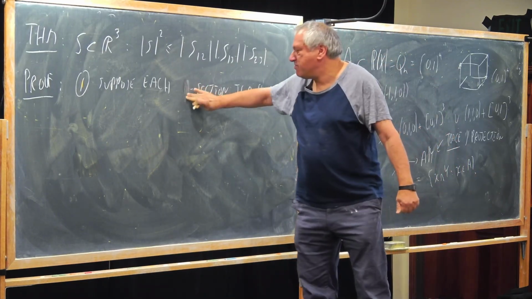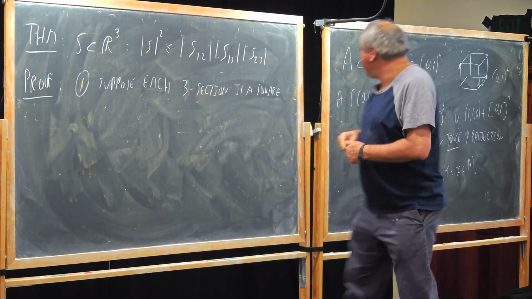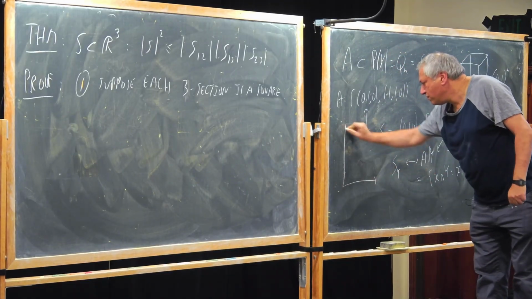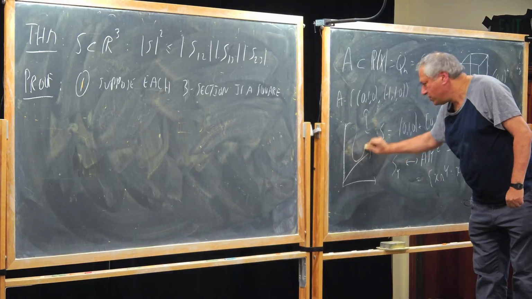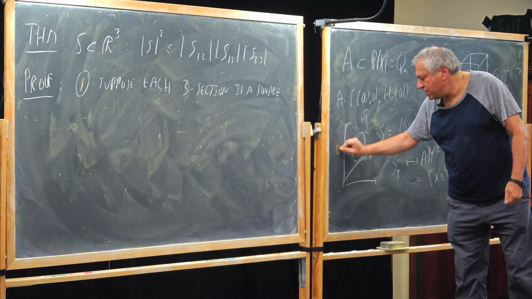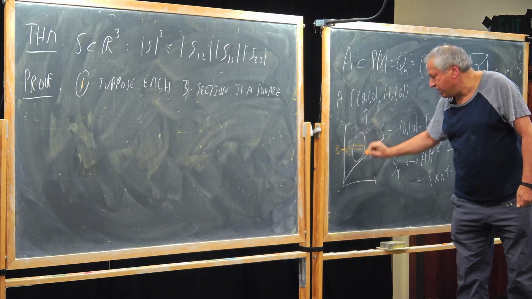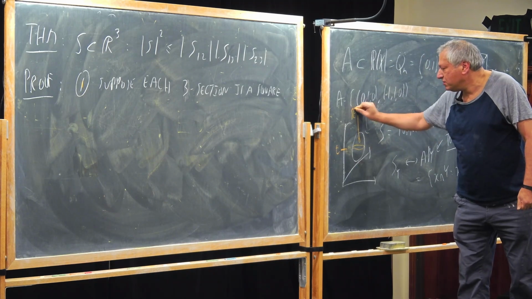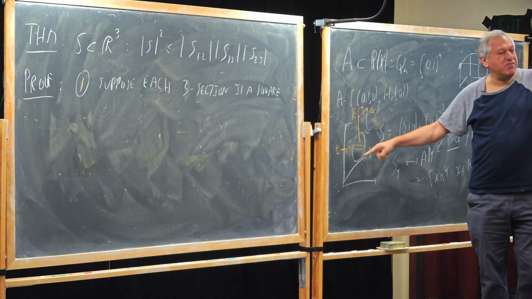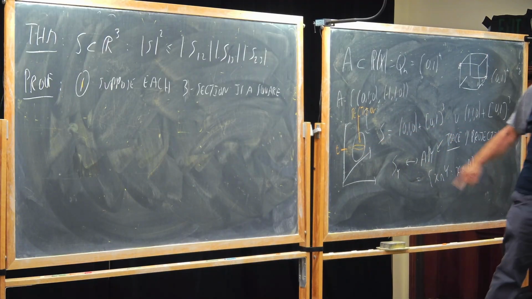I'd better say 3 to keep consistent with earlier. So what's the notation there? If I give you some body, and I go up to height t, and I cut the body, that is a section. That's the section of the body in direction 3 at height t.